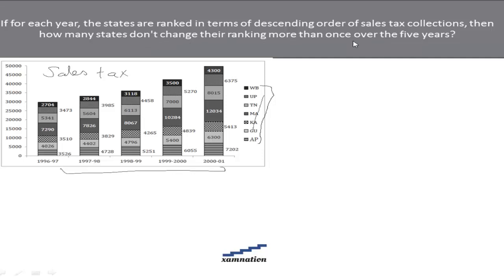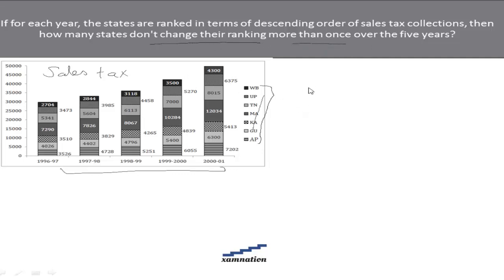Okay, so basically we need to find out the ranking of different states in these 5 years, and find out how many of these states don't change their ranking more than once over the 5 years.